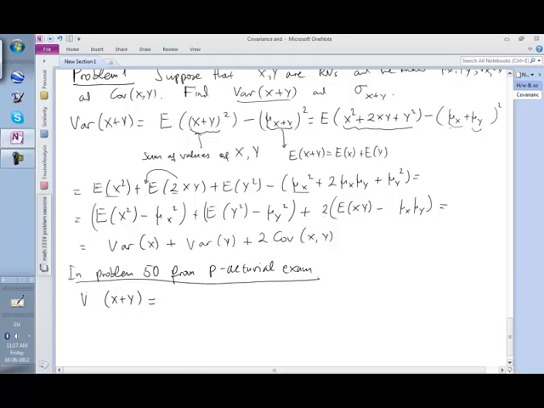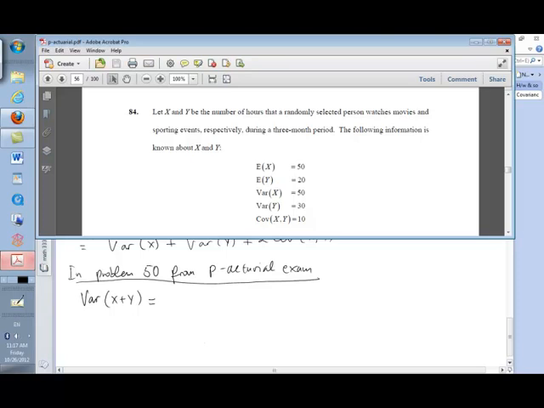I want it here. So if I use the data from this problem, I have that the variance of x is equal to 50, the variance of y is equal to 30, and the covariance is 10.